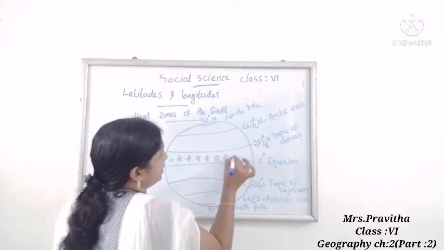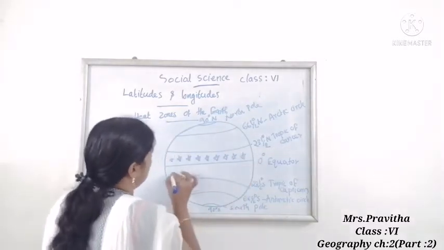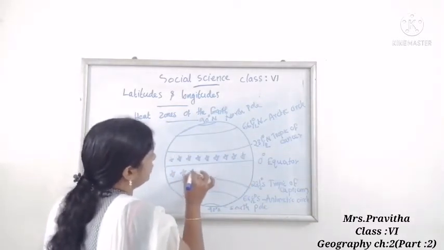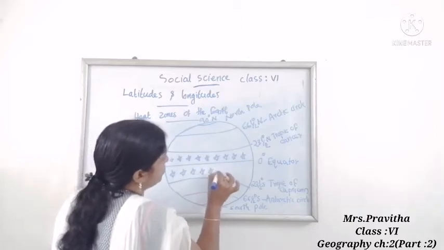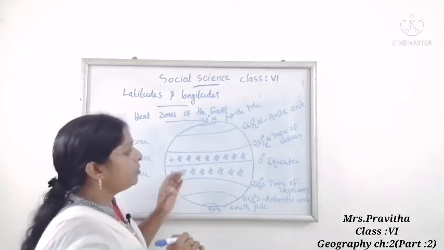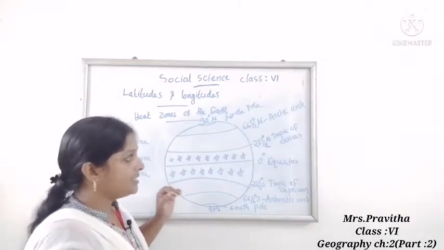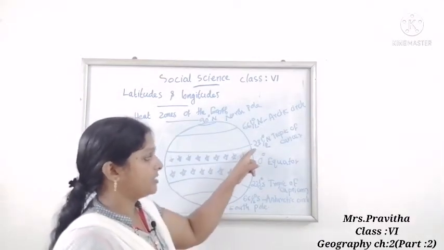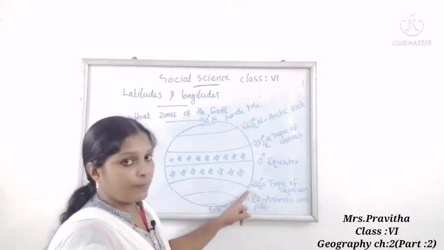This star-marked region is the torrid zone. So where does the torrid zone lie? Between both sides of the equator, meaning in between the Tropic of Cancer and the Tropic of Capricorn.